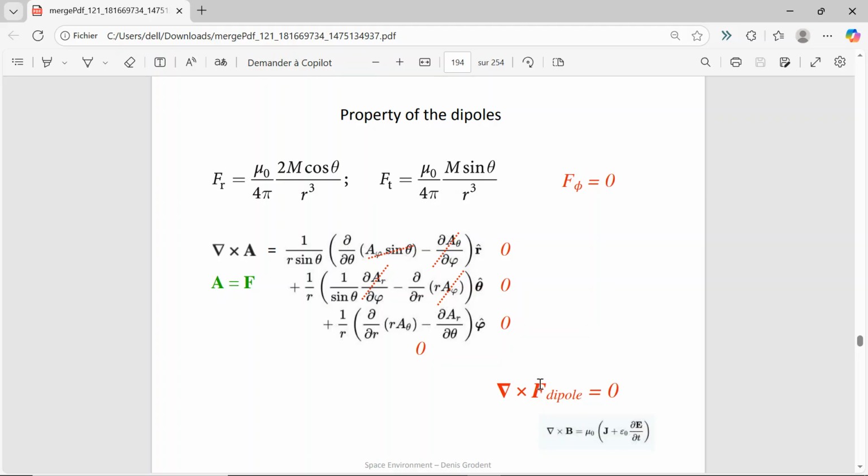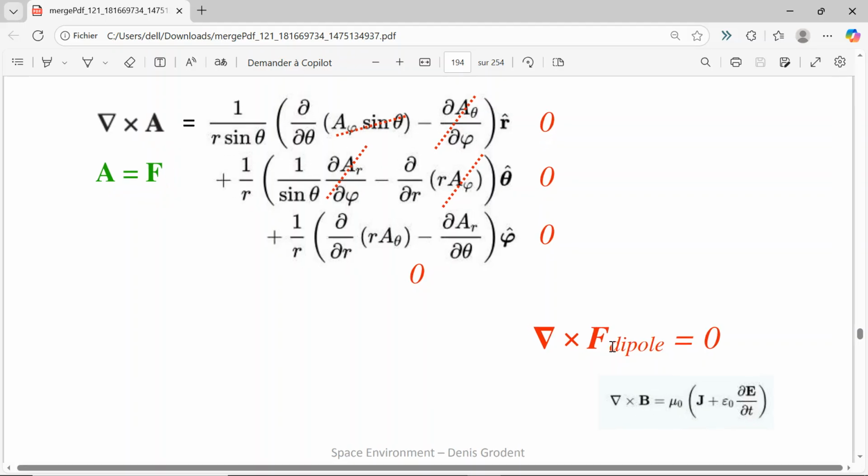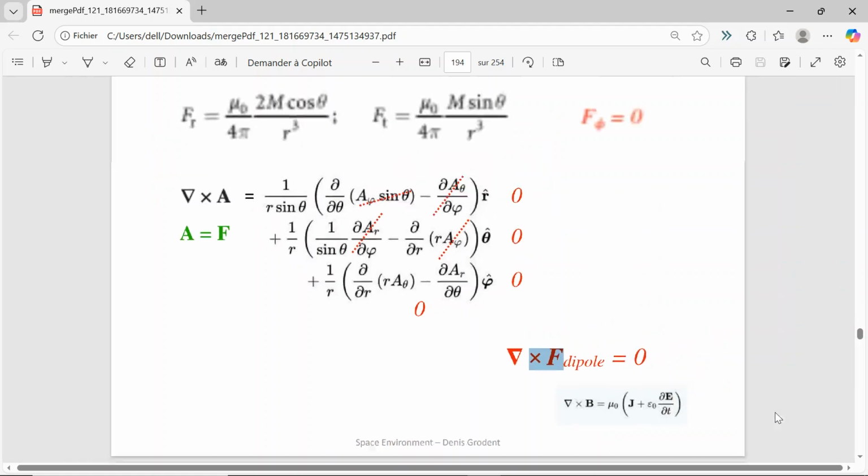We have some properties of dipoles: the curl of the induced magnetic field is equal to zero. If the magnetic field is not the one of a dipole, which is the case of the Earth, some current is generated.